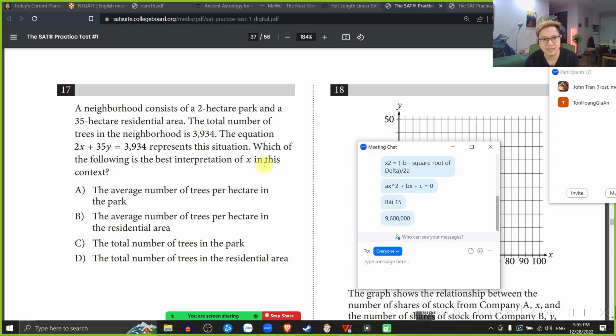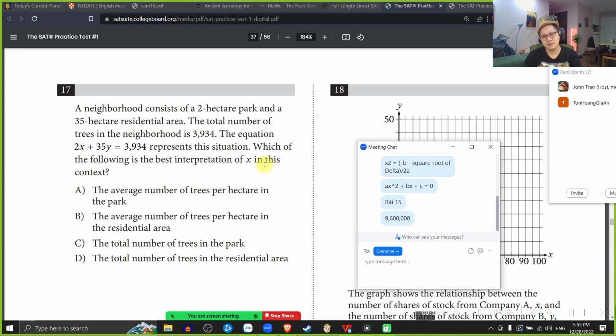Y mà nó là nguyên âm, thì là the equation. Đọc lại đi. Represent, represents this situation. Lưu ý âm đầu, âm cuối yếu hơn.